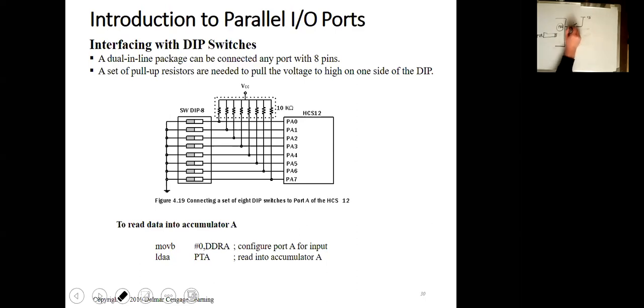However, when we open the switch and read the port, what will be the value inside the port B register? You cannot tell, because if you open the switch, this pin is not connected to anything, so the value could be 0 or 1.